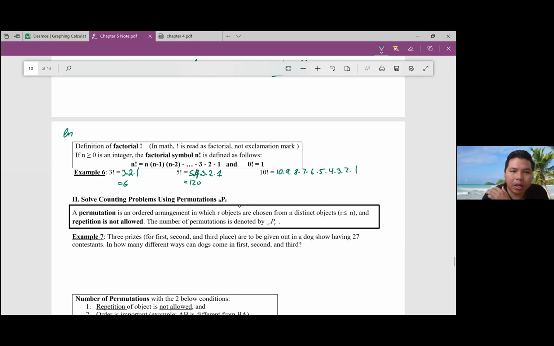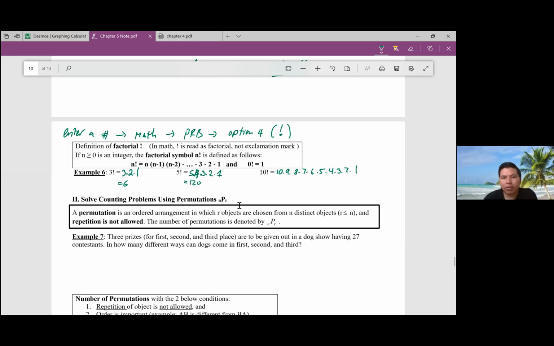So enter a number, and then you select math, and you go to PRB, and you select option 4, I think, the exclamation mark. Got it. Thank you. No worries, Wilson.